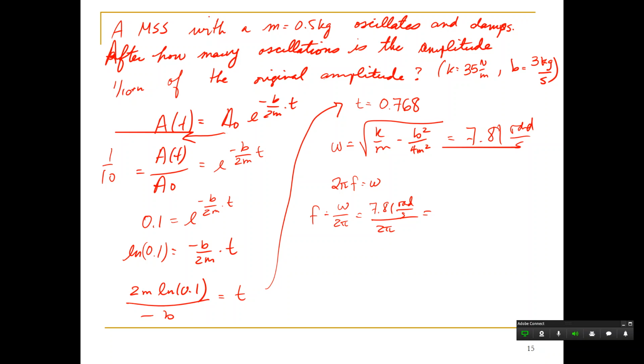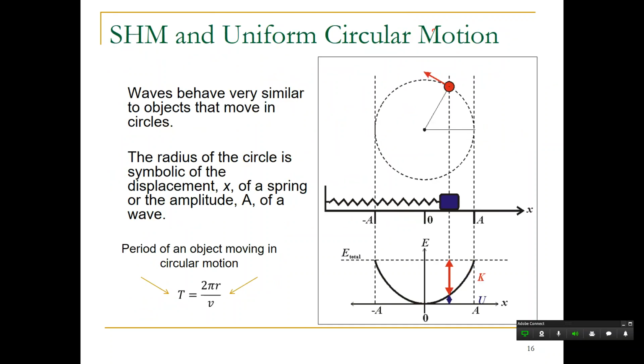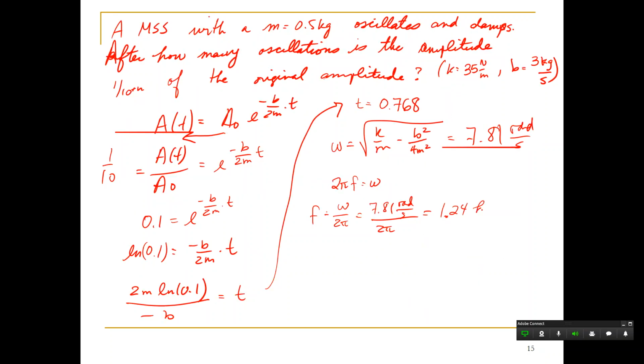What'd you guys get? 1.24? Okay, I'm ignoring significant figures. 1.24. Now we're talking about hertz. Let's just define this for 1 second here.